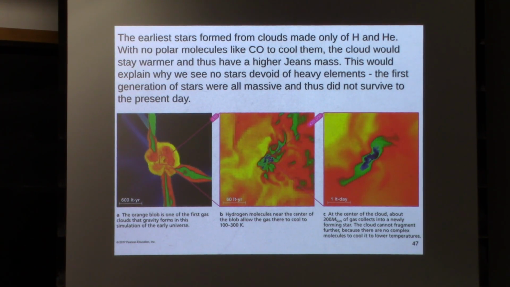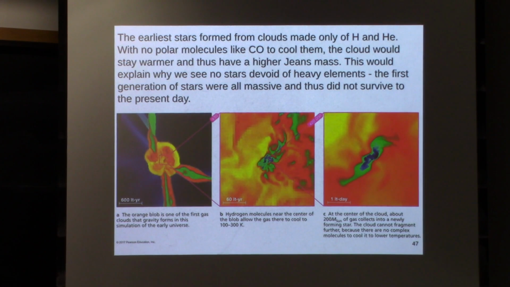The first generation of stars would have all been very, very massive. And what do we know about the lifetimes of massive stars? Very small. So in other words, they would have all blown up very quickly, leaving no remnant other than the fact that they helped seed the interstellar medium with an initial enrichment of metals.